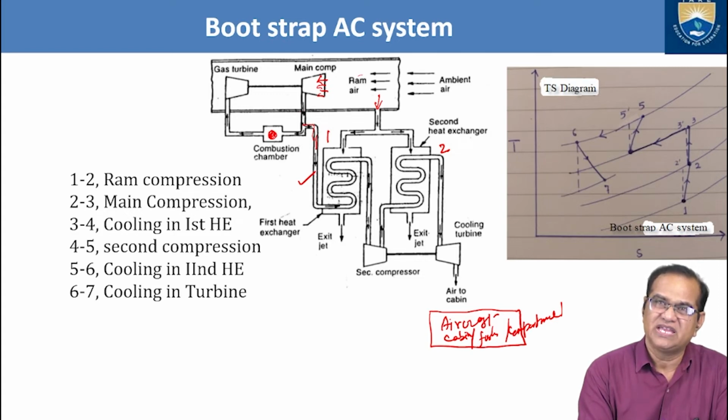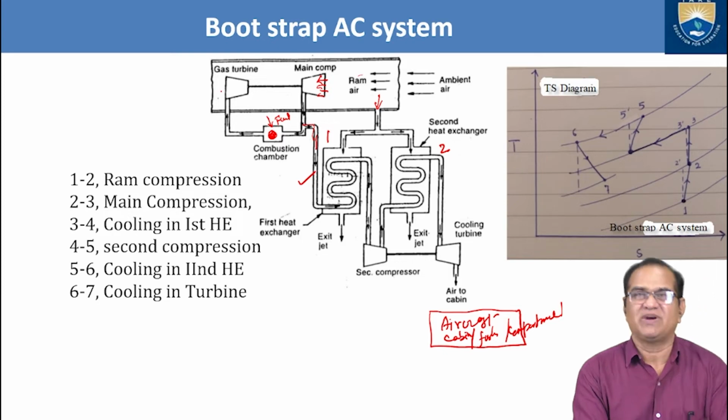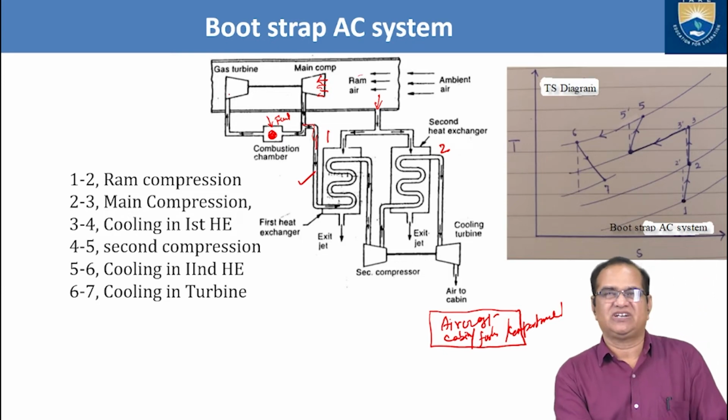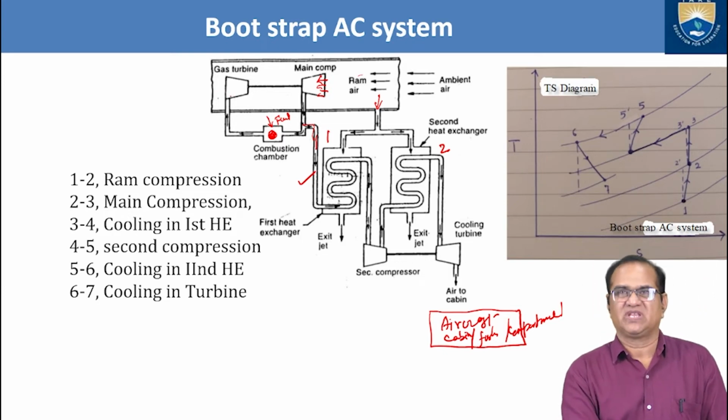Here the ignition takes place, fuel is injected, and from here the high pressure and high temperature gas enters the gas turbine, and this gas turbine rotates the main compressor, and further it goes to give thrust by the propeller or by the jet with the help of the nozzle.